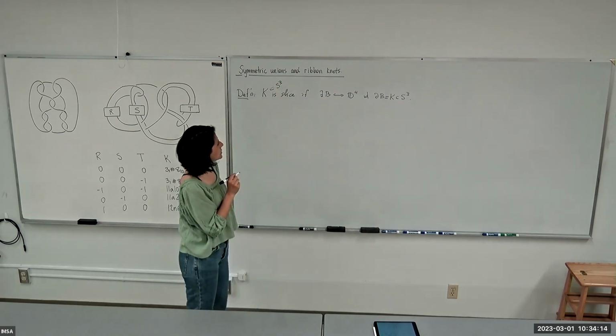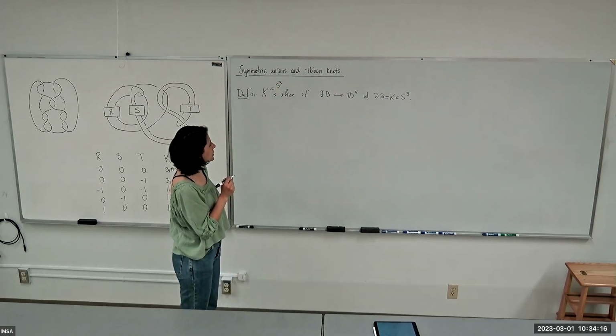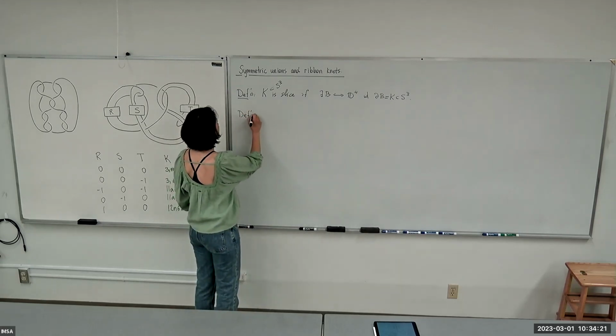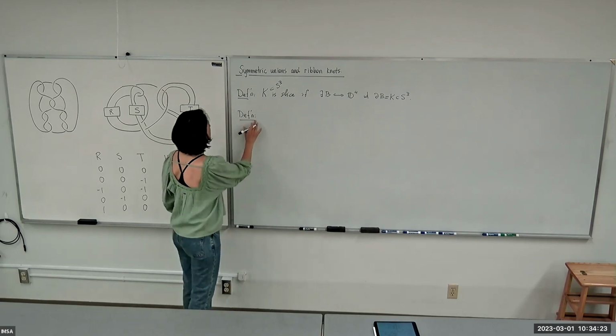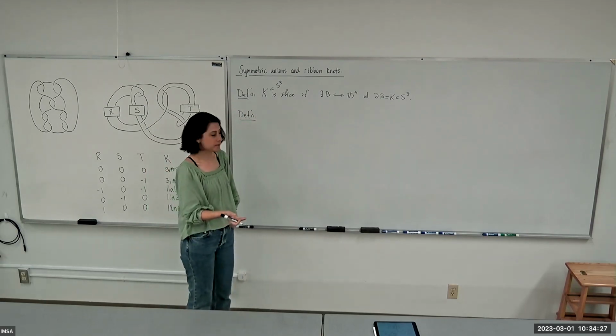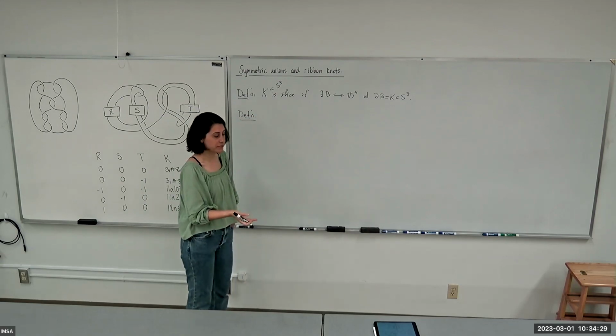This is a four-dimensional property, and if we want to see them in three dimensions, a nice way to find slice knots is through ribbon disks.